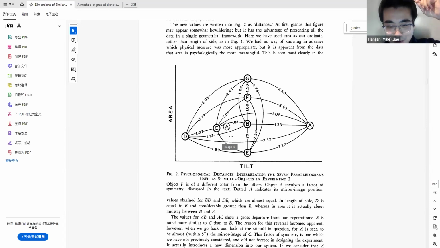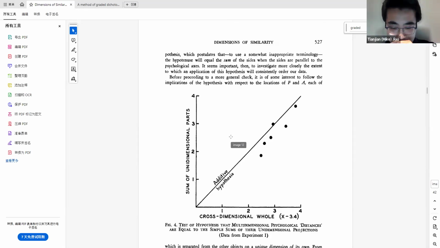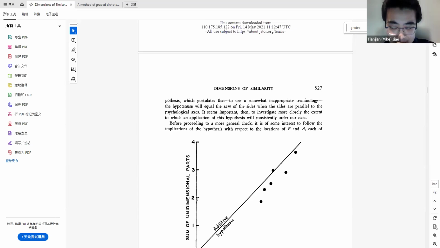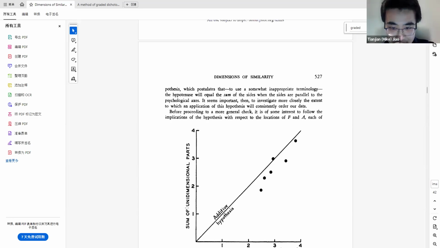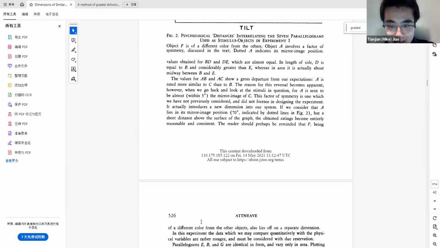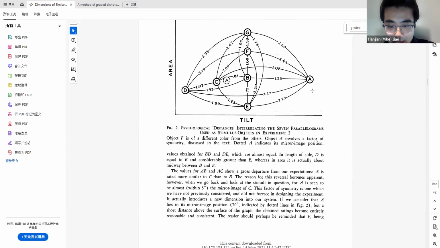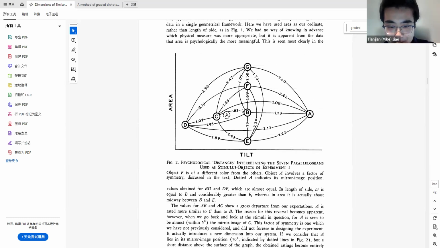Okay, let me see if I can explain this properly. So if you add up the unidimensional difference between A and B, or A and G, because G means that for one dimension in tilt and area, A and G differ in both dimensions.